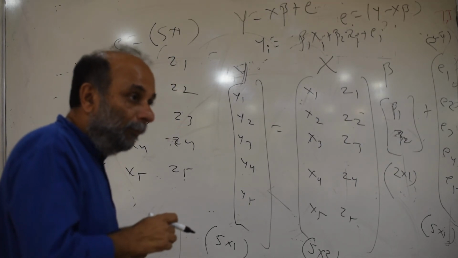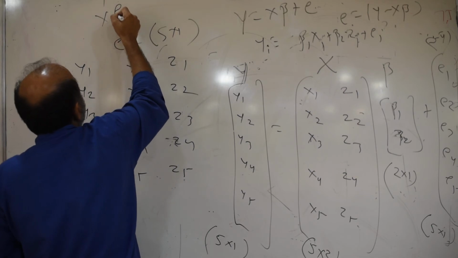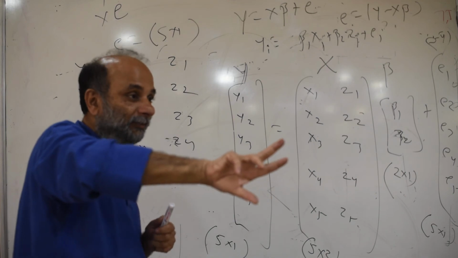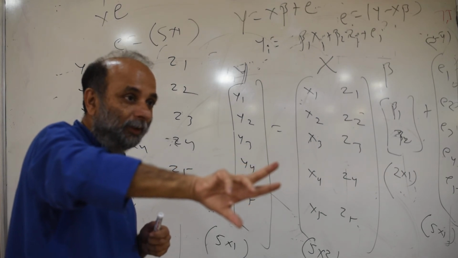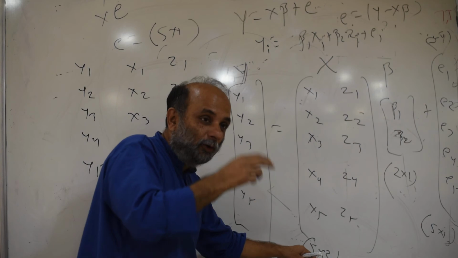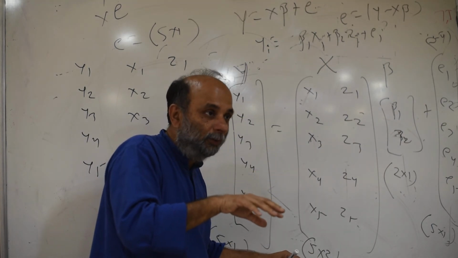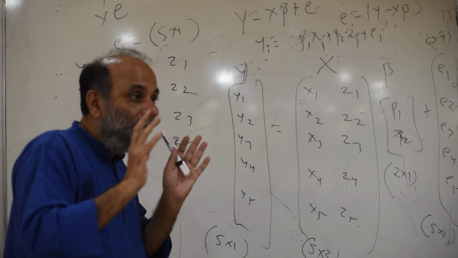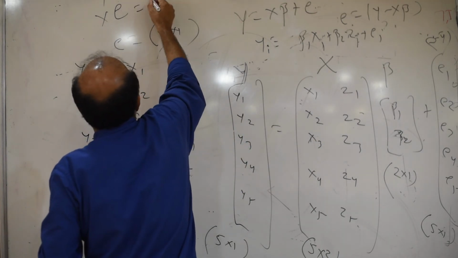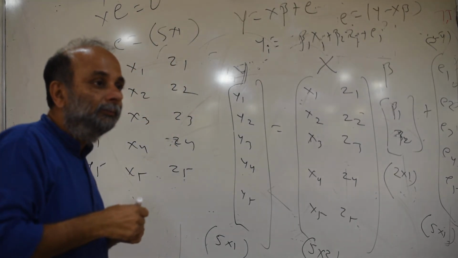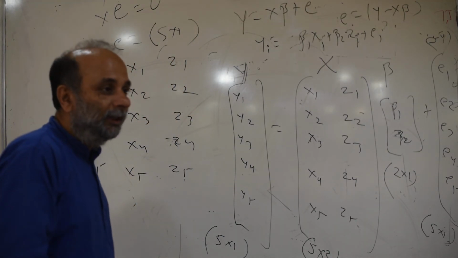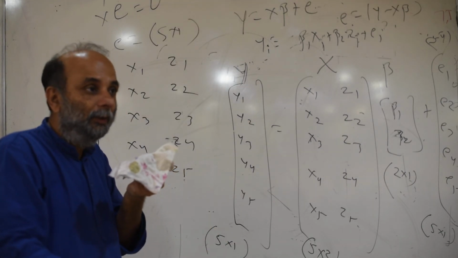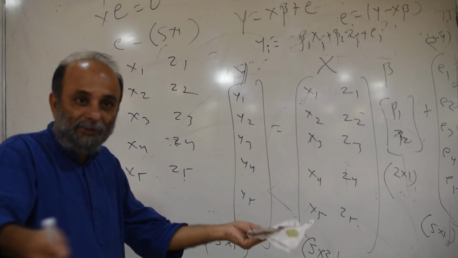No. But I can multiply x transpose into E. What will x transpose be? 2 cross 5. 2 cross 5 into 5 cross 1 will get 2 cross 1. So x dash E can be multiplied. I must set the dot product of x dash E to be 0 because x and E have to be perpendicular.